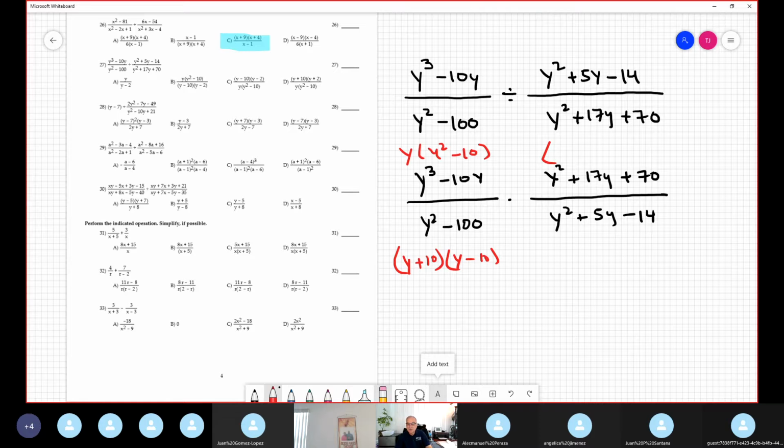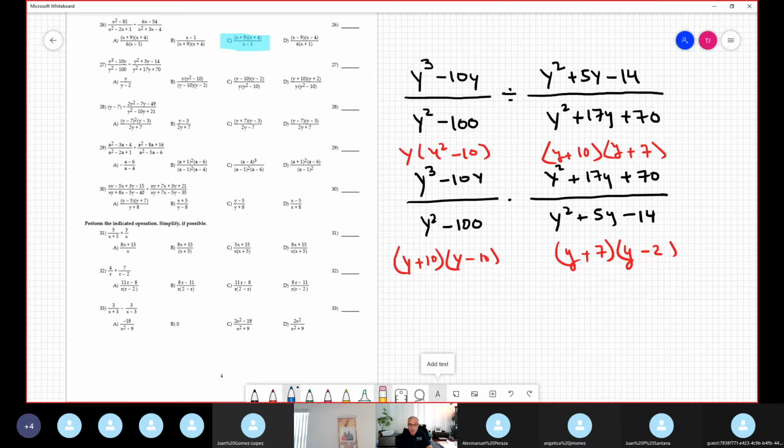In this case, it's a regular trinomial: y, and the answer is 10 and 7. 10 times 7 is 70, and 10 plus 7 is 17, plus. In this case, I have no idea, 7 and 2, I guess. 7 times 2 is 14, 7 minus 2 is 5, this one positive and this one negative.